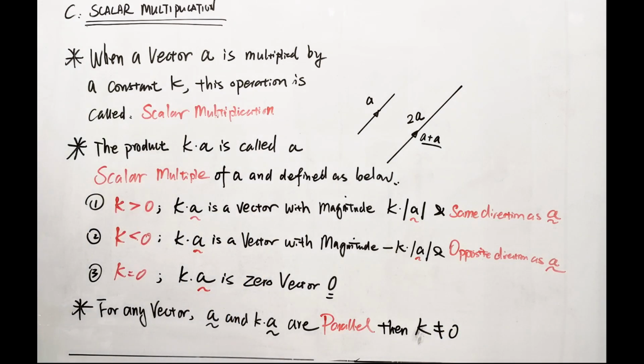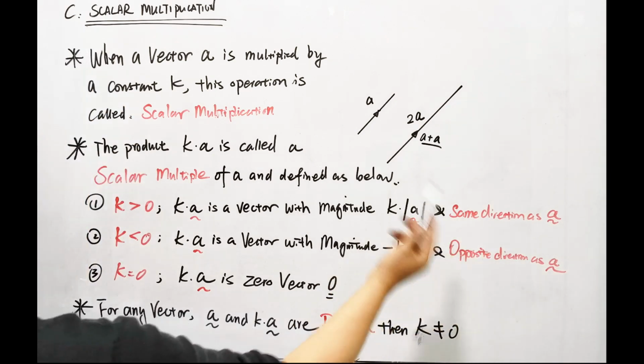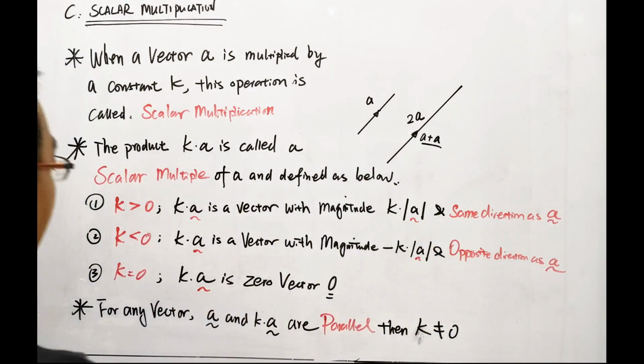This is very clear, right? They are either in the same direction or in the opposite direction. If the two of them are parallel, then K cannot be 0.